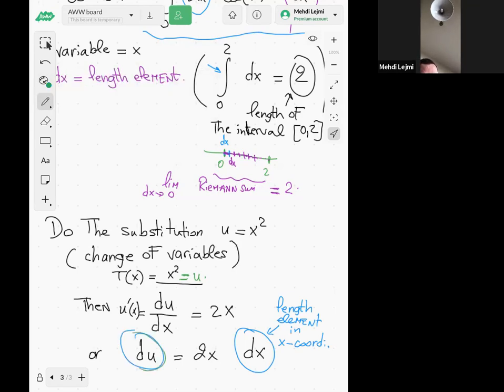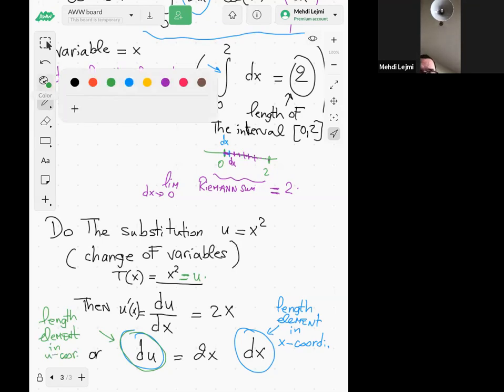So this du is the length element in the u coordinate. And again, guys, keep in mind what I mean by length element. A length element like dx represents this small variation in the length of your subintervals. That's your length element dx. Now I'm going to change that to a new variable, u.